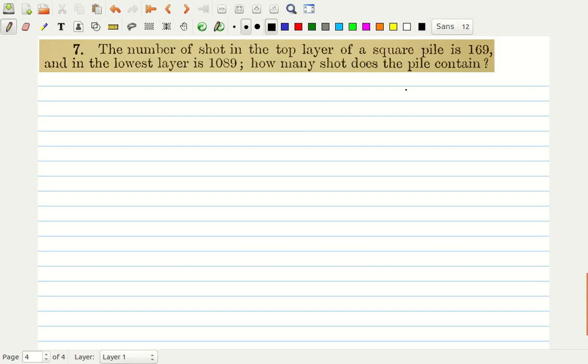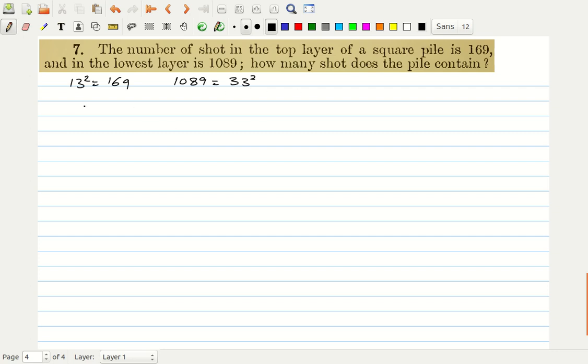The top layer is 169, which is 13 square, and the bottommost layer is 1089, which is 33 square. So imagine a complete pyramid with 33 square.